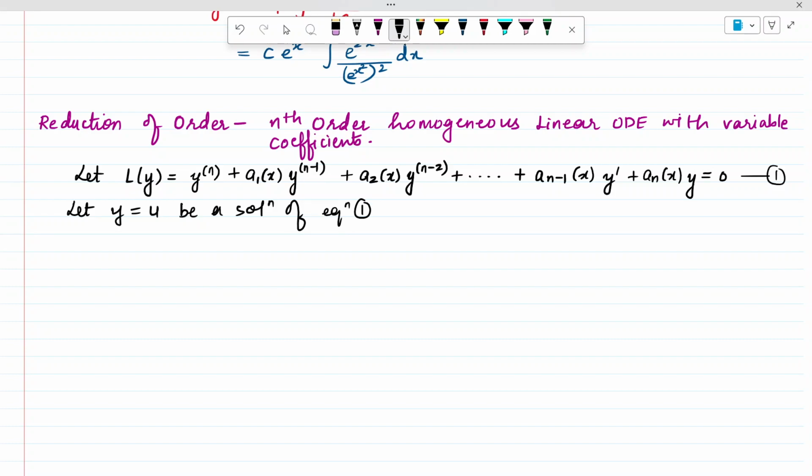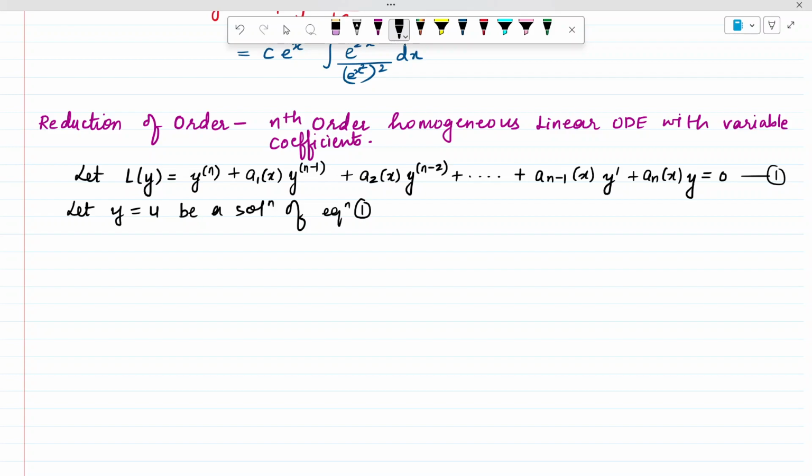So what we are going to do is we'll reduce it to n minus 1th order. nth order से n minus 1th order पे लेके आएंगे. फिर n minus 1th order का अगर मेथड है तो पता है तो ठीक है. अदरवाइज वहां पे भी एक सोल्यूशन ढूंढ के एक और ऑर्डर डिक्रीज करते करते we will be able to come to a point where we will be able to solve it. That is what we are claiming here. एक एक ऑर्डर रिड्यूस करते जा रहे हैं. ठीक है. Okay.